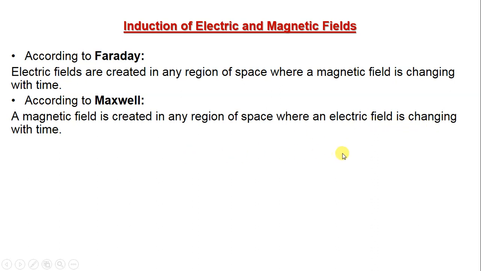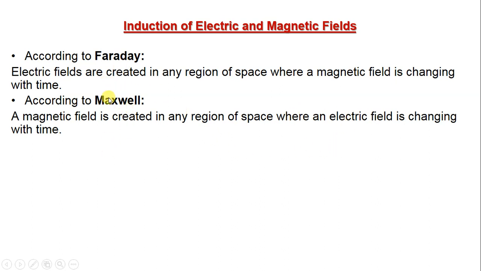Because as I told you, current is moving charges, and it means electric field. Current means moving charges, so around each charge we have an electric field. These charges are moving, so the electric field is changing. It's just another way to write the concept.